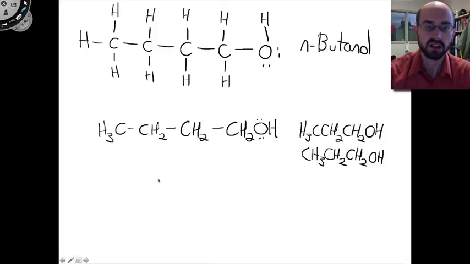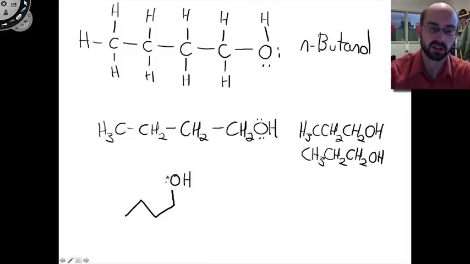With line angle structures, again, we know that carbon always makes 4 bonds. So let me just draw out the line angle structure. Quick, huh? I'll put in the lone pairs. Still pretty quick. This line angle structure represents this one.